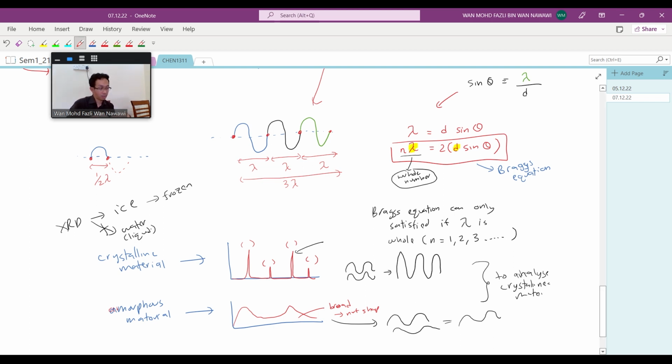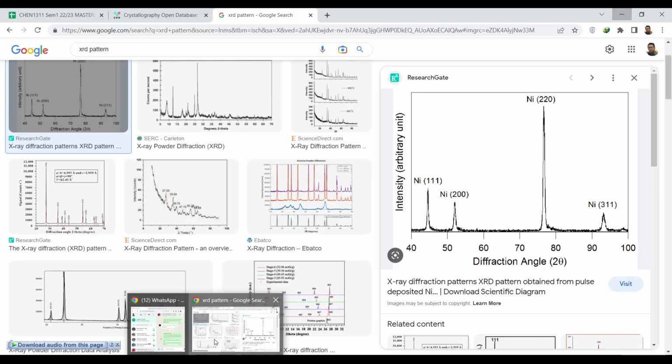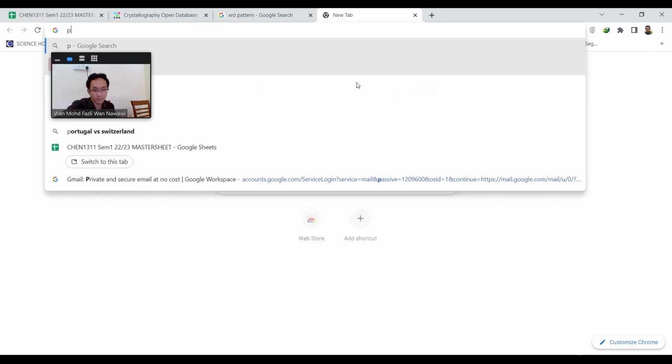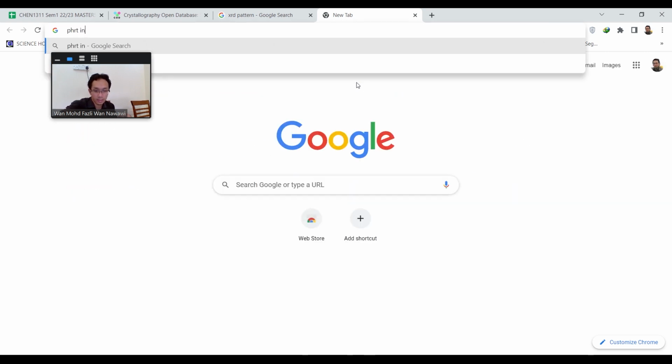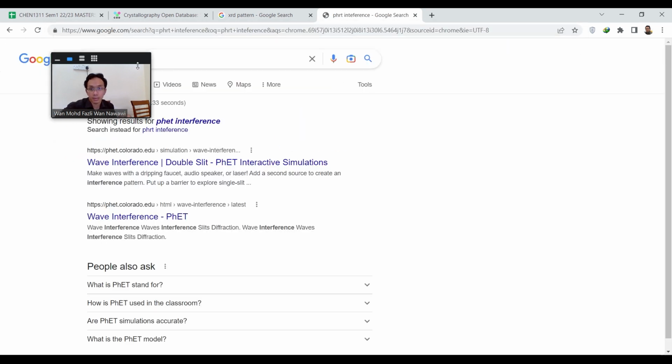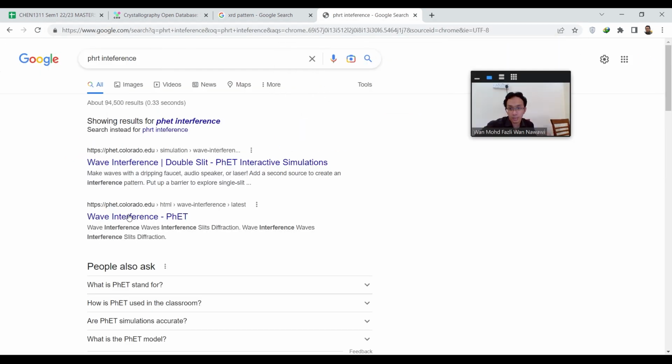Okay. So one last thing before we end, I invite you to look at this wave interference simulation. PhET is basically a simulation developed by the University of Colorado, if I'm not mistaken.